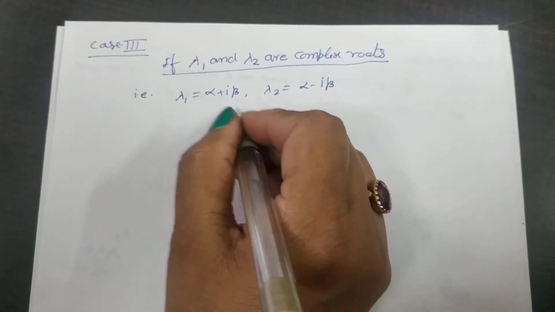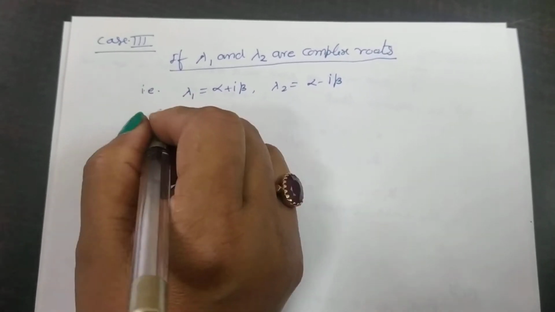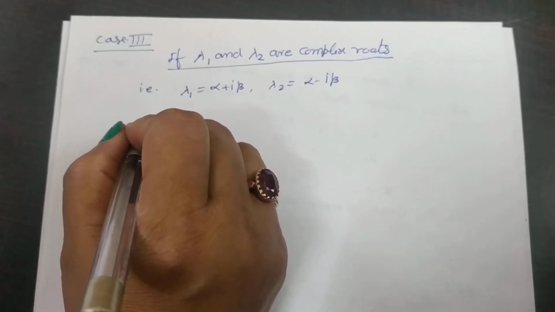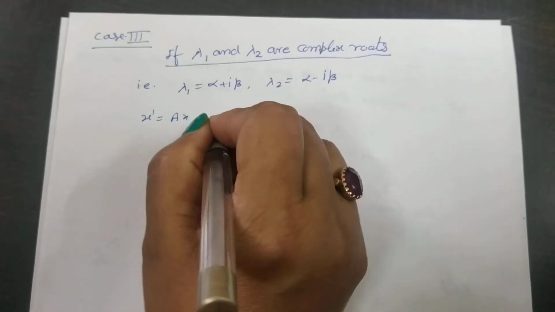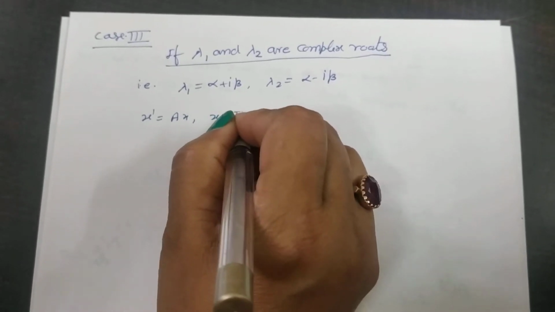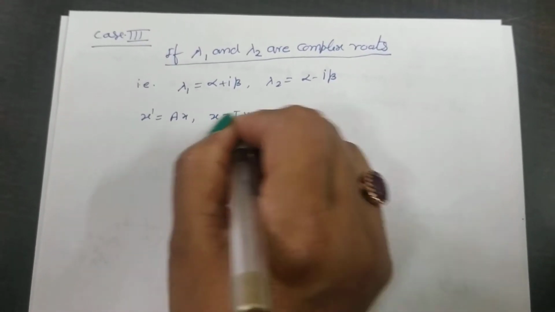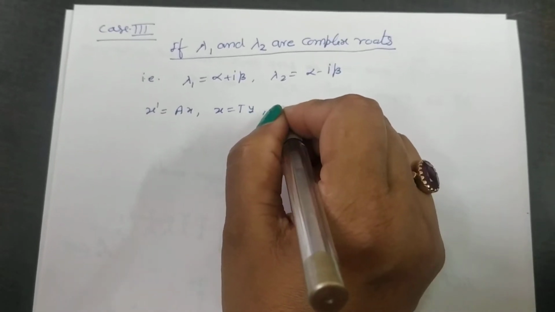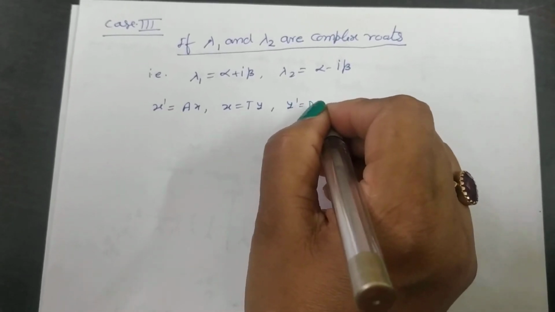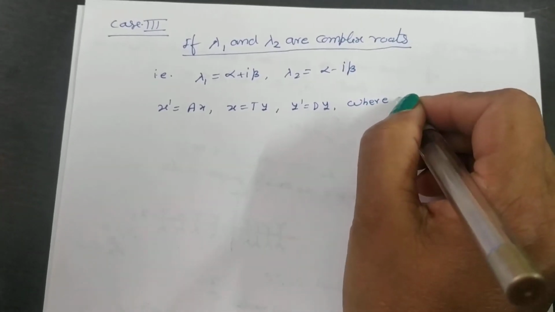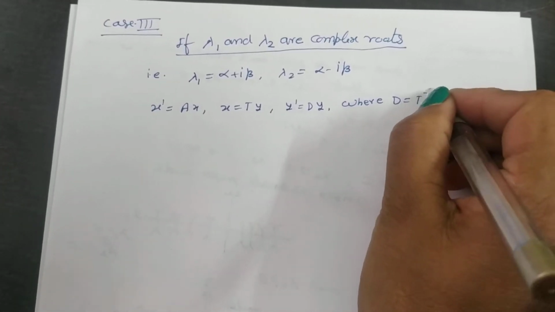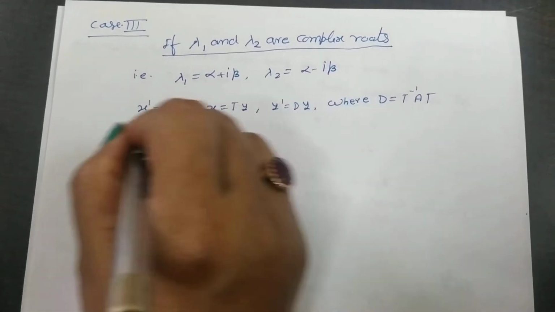Now from lecture 1, you know x dash is equal to Ax, where x is equal to Ty. Substituting this, we get y dash is equal to Dy, where D is equal to T inverse AT. You know all these things.